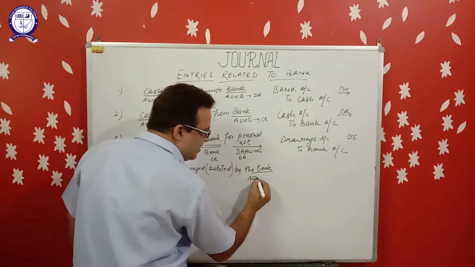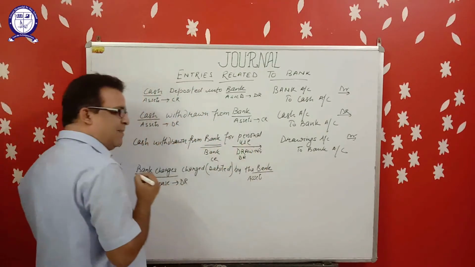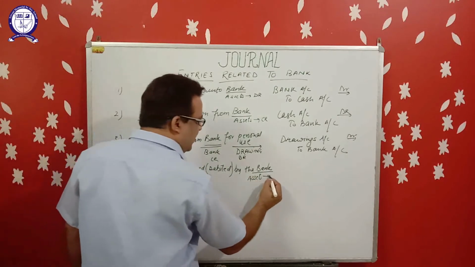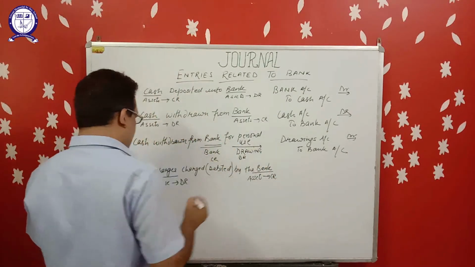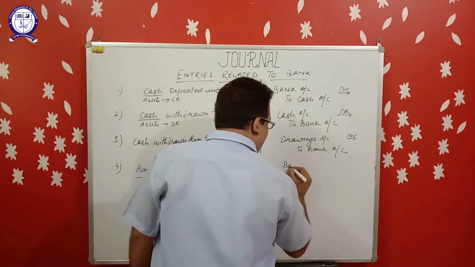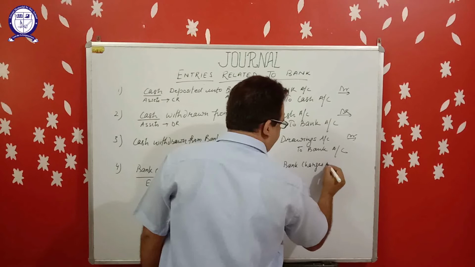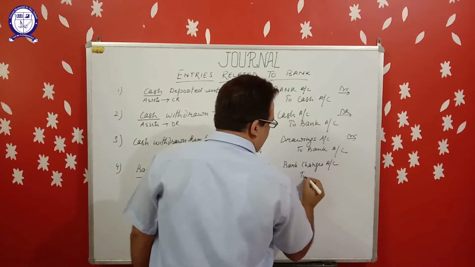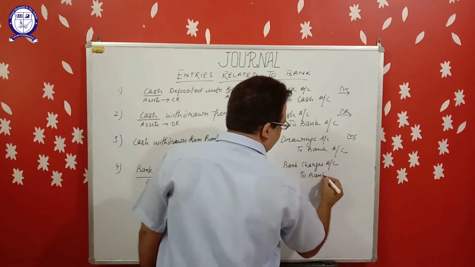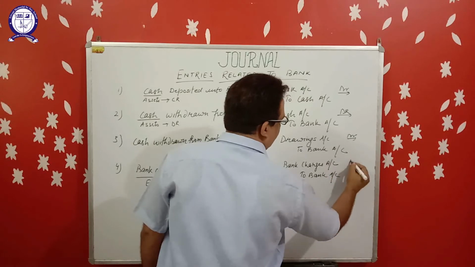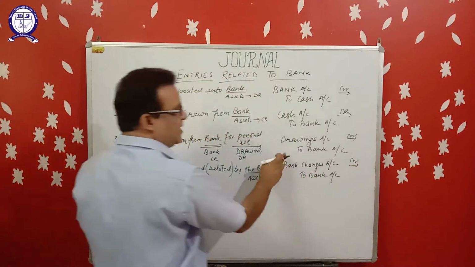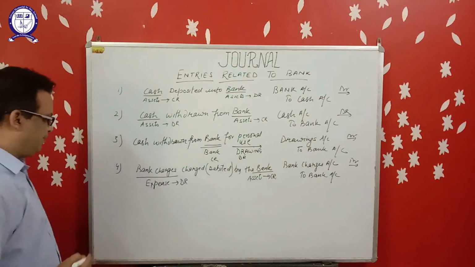Bank is an asset, you know. When the bank balance decreases, we credit it. So the journal entry will be bank charges account debit to bank account. Bank charges account debit to bank.